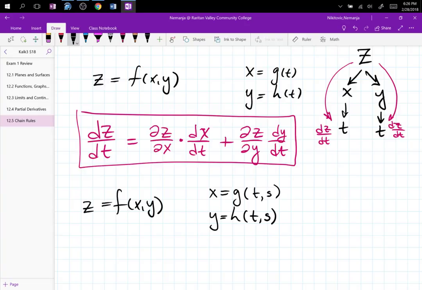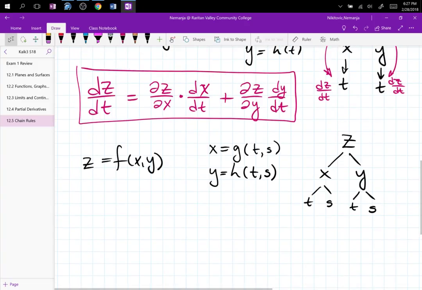Now, if I want to draw the tree, the main variable z, our final goal, let's say the height, is going to depend clearly on x and y. But now, if you look at the function on the side, you see that both x and y depend on t and s. Everything branches over here, right?